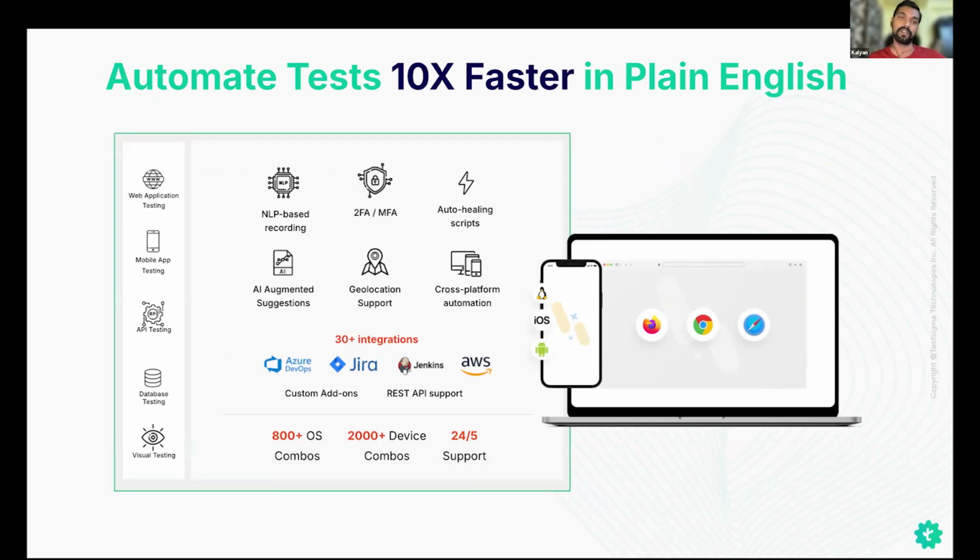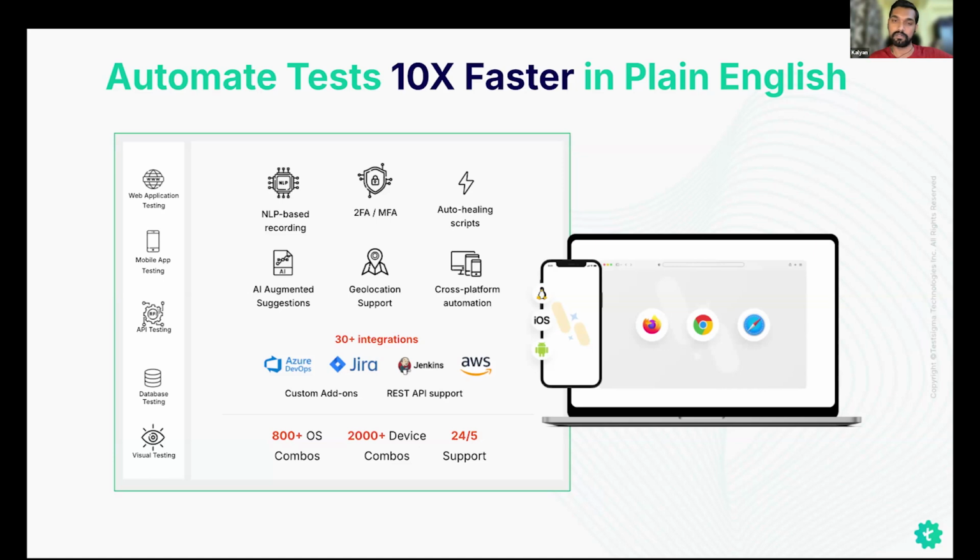Like I said earlier, it could be a web application, your Android application, your iOS applications, your databases, or your APIs. All of that, not just functional testing, you'll also be able to do visual testing within Testsigma. And once you create these automated tests, you don't have to look for a device farm elsewhere.